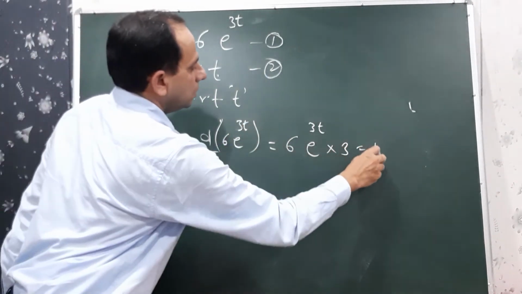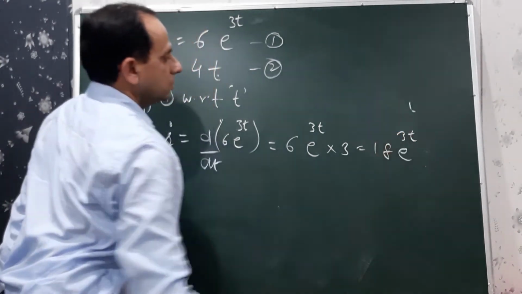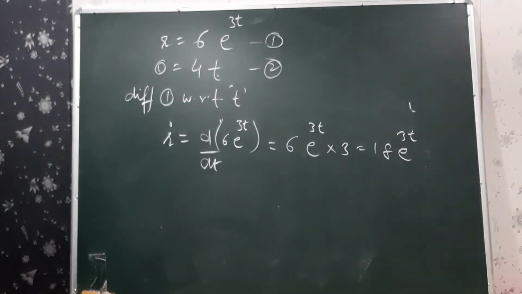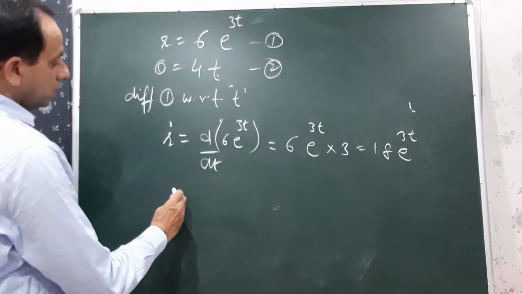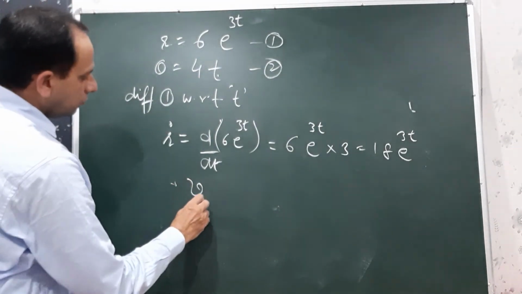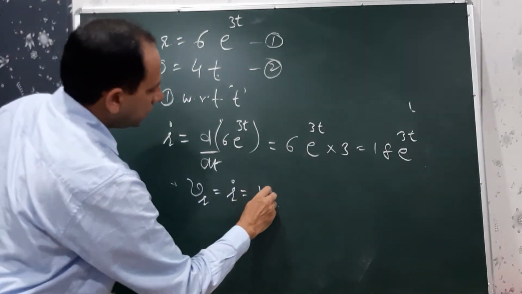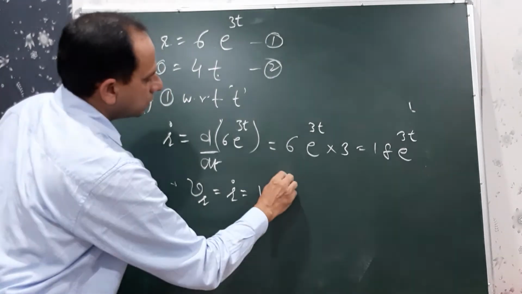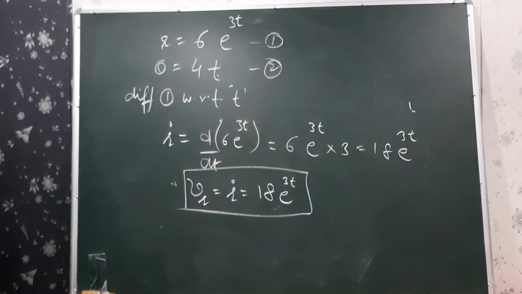So, this one is 18 into e power 3t, this is r dot. Therefore, V r, that is the radial component, is r dot, and r dot is 18 into e power 3t. So, this is the first component of velocity.